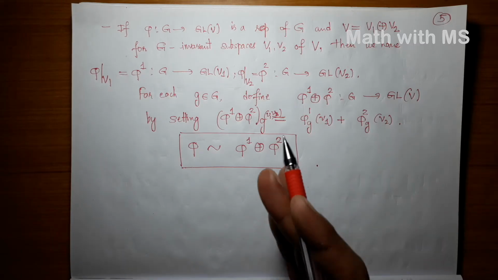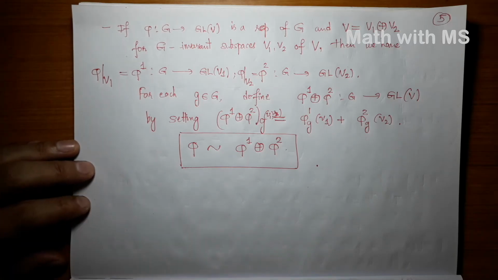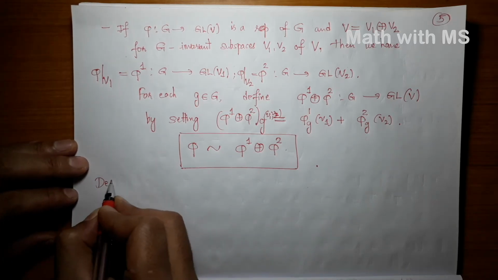It is just like prime factorization of natural numbers, right? You keep on factorizing a given natural number into factors till you just write it as a product of primes, okay?